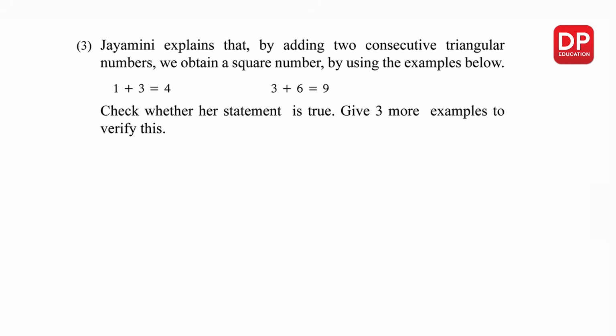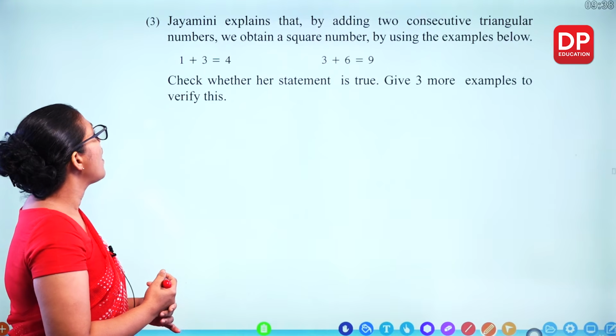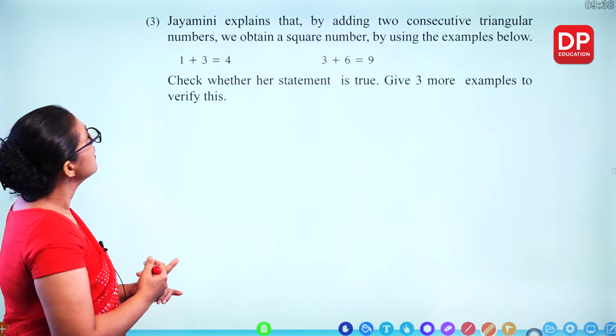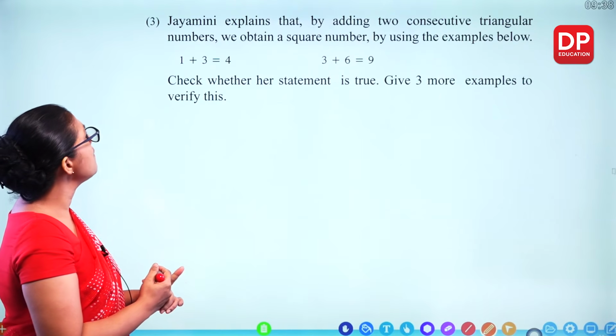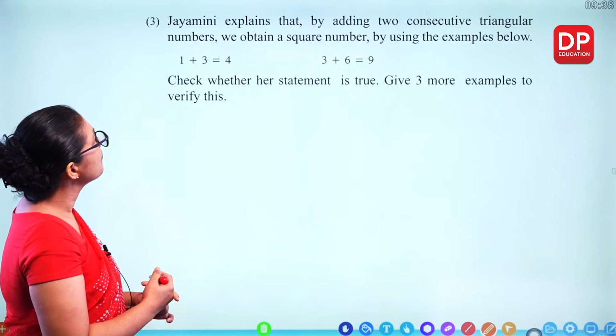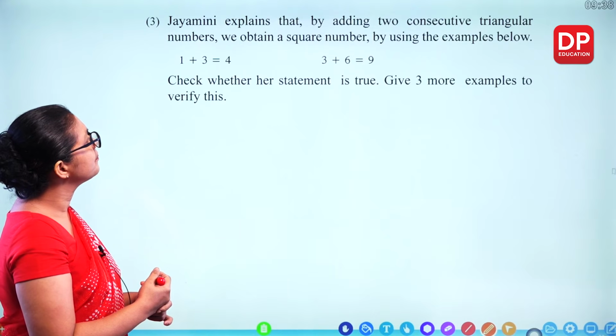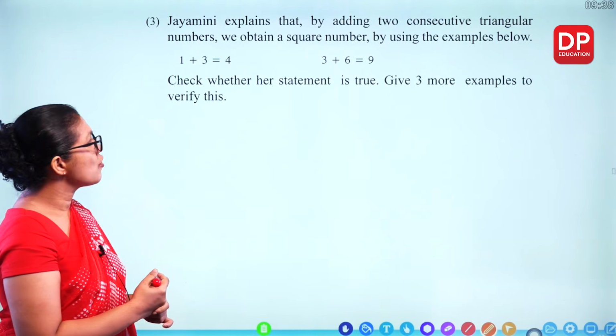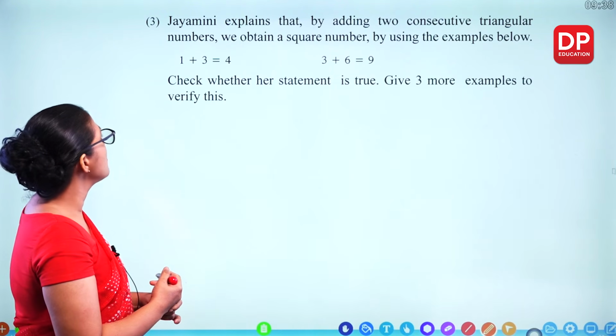Jayamini explains that by adding two consecutive triangular numbers, we obtain a square number by using the examples below. 1 plus 3. Adding two consecutive triangular numbers. 3 plus 6. 3 is a triangular number, 6 is a triangular number, so you get 9.